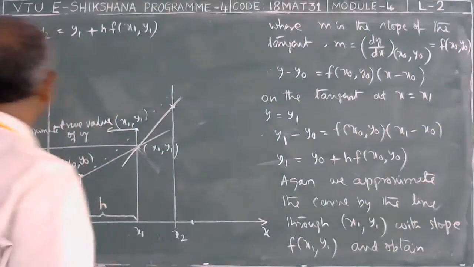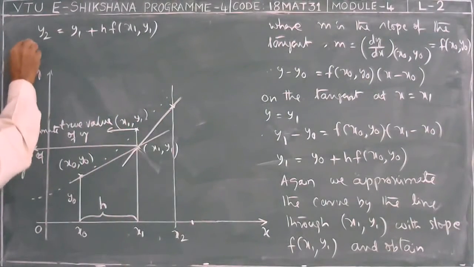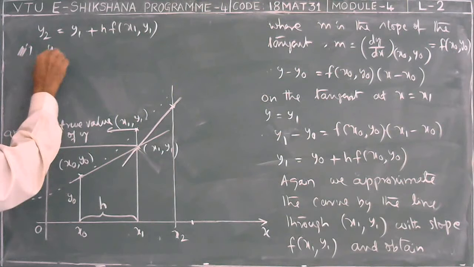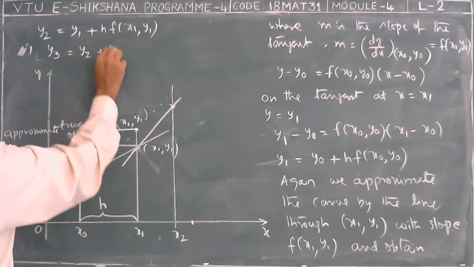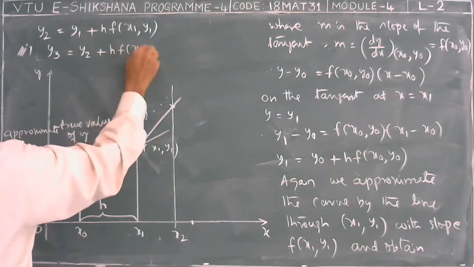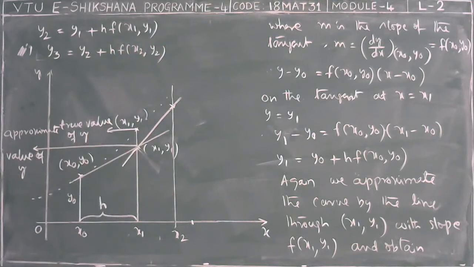Similarly, y3 is obtained as y2 plus h into f of x2 comma y2.